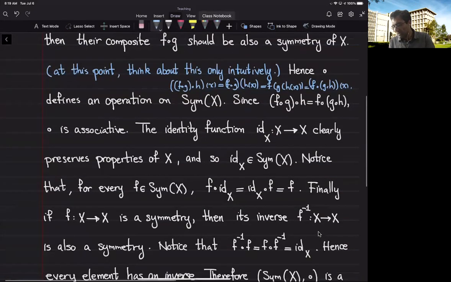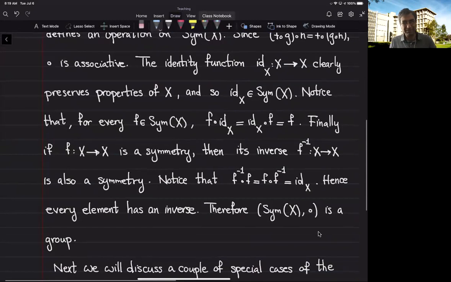We also notice that identity, of course, preserves properties of X, and it is a bijective function. So it belongs to the set of symmetries of X. And when I compose F by identity function or identity by F, I end up getting the same function F. F being bijective is invertible.